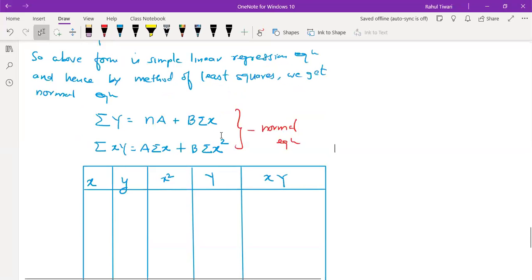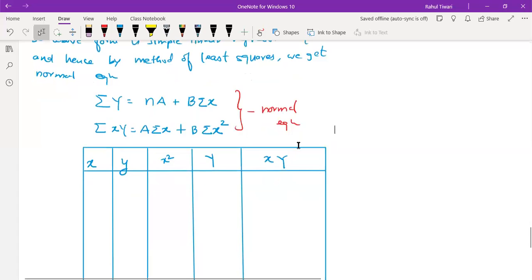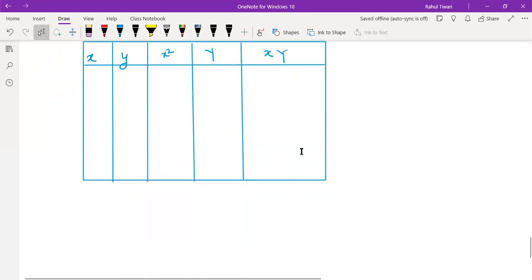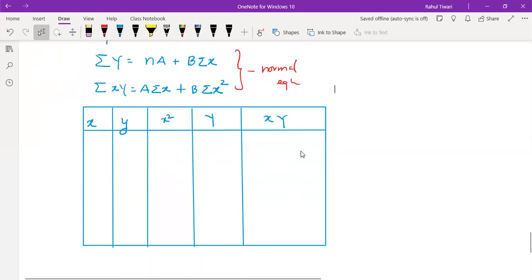So you can just look at, we need summation x, we need y, because here we have. So after doing all those equations, if you simplify this, like substituting the values here, you will get the equation.